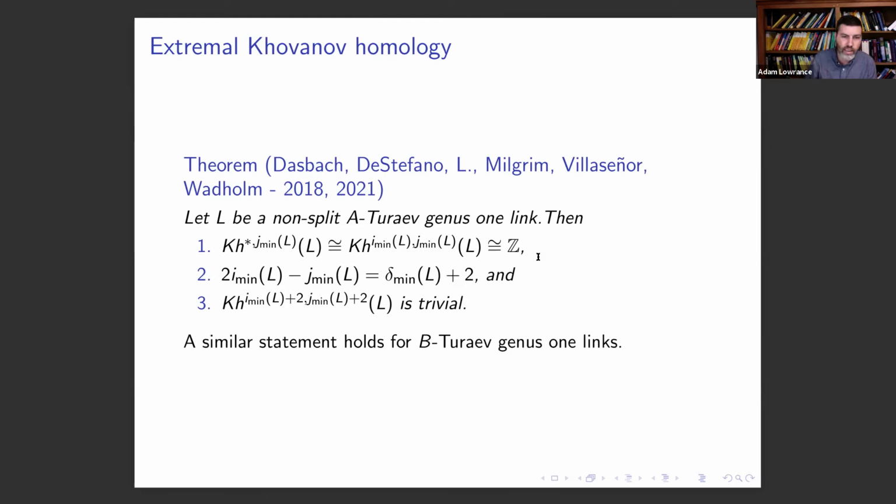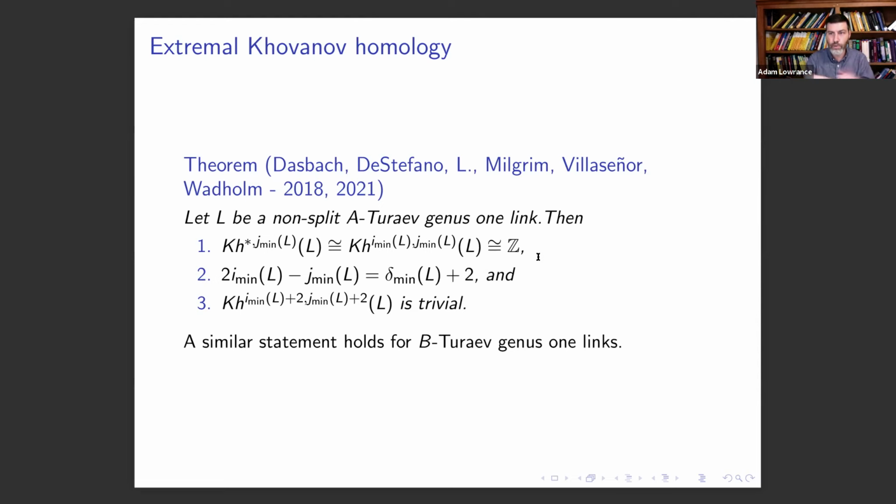What does this say? Well, we can read the first one as saying, if you have an A-derived genus 1 link, then its Jones polynomial has to have the first coefficient being plus or minus 1. And if you ask what's the natural lift to Khovanov homology, you would say in the minimum polynomial grading, the only thing that appears is one rank 1 summand of the integers, nothing else.